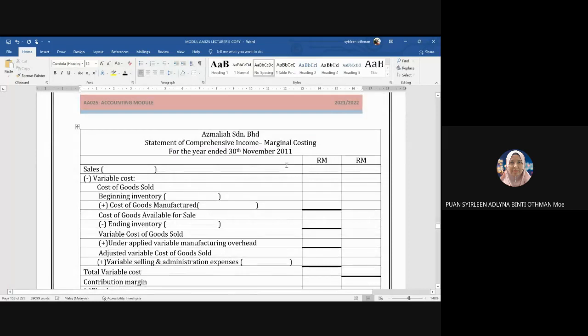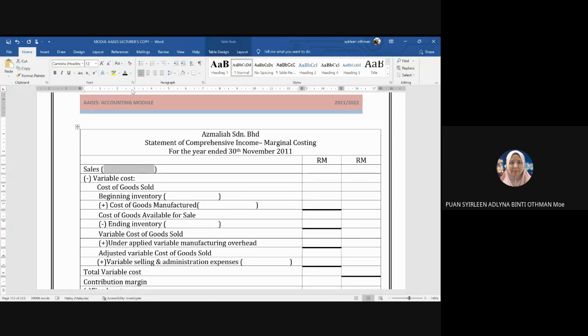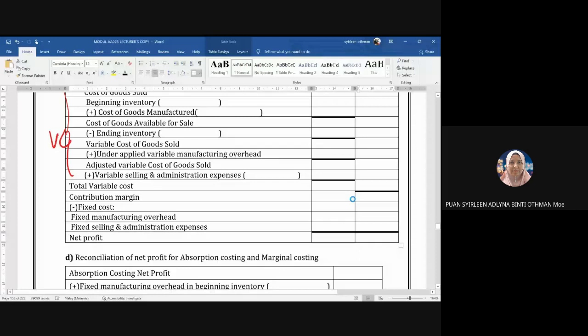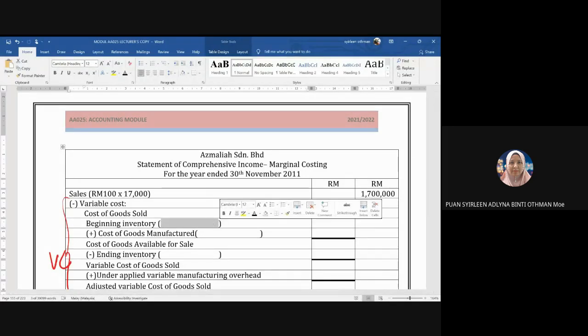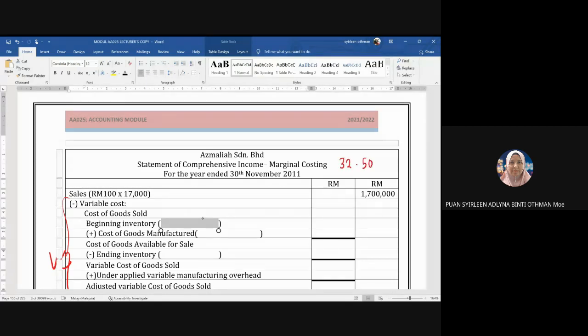Okay. So we are doing for absorption now. Sales is the same, still 1,700,000 as before. Okay, above here we focus first on variable cost. Okay, so beginning inventory, suddenly it became big. Okay, beginning inventory is, now we use marginal, so our cost is RM32.50.